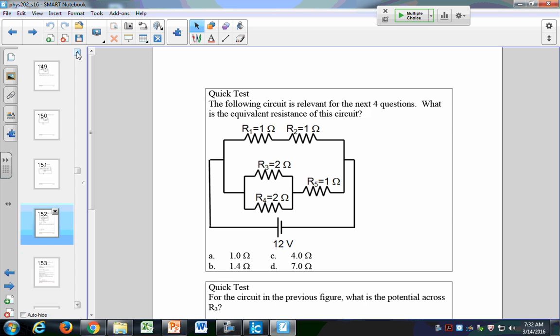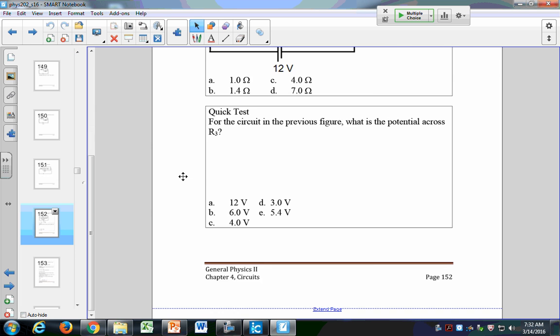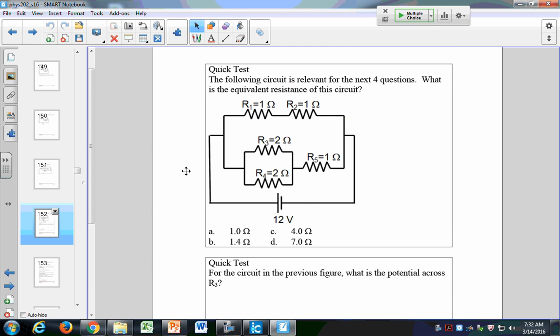Some of it, if you're in lab, you might have picked up already, and then we'll do multi-loop circuits. We're going to start here on page 152 and go back and do some of the quick tests that were embedded within those pages, dealing with combination circuits, and then we'll move on to multi-loop circuits.